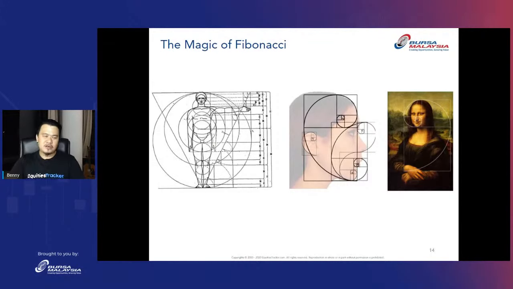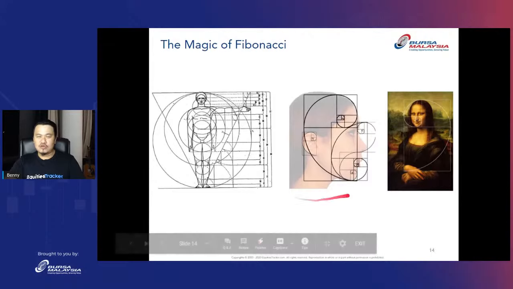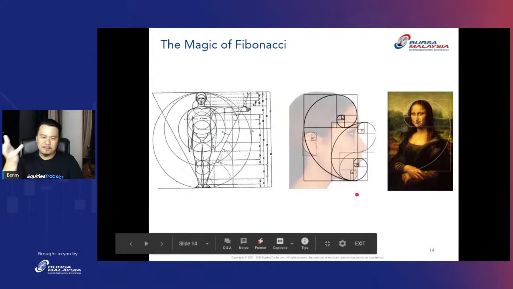So you see, in order to have a perfect body, the parts of your body, like your leg length, your arm length, and so on and so forth, have to be proportionate to a Fibonacci. Then you're basically a beautiful person. And how do you see a person as beautiful? If the person's eyes, nose, ears, and the position of all these parts are based on a Fibonacci sequence, then you will consider them beautiful.